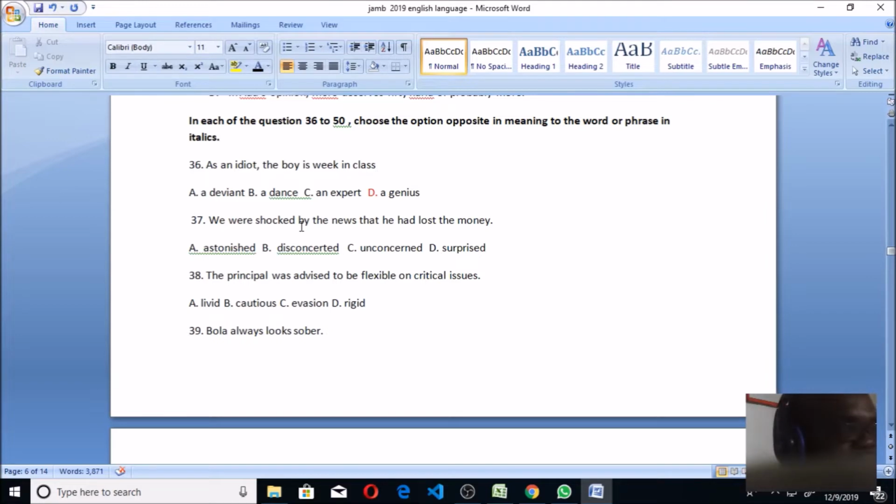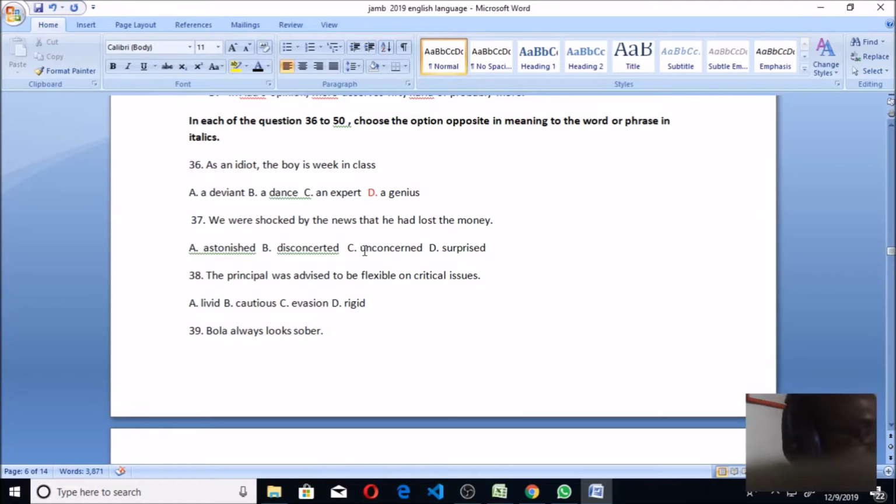Shocked is what we call upsetting or sudden. Astonished simply means surprised or impressed. So you can see that astonished is similar to shocked, but we are looking at the opposite. Disconcerted means to make someone feel anxious or uneasy or confused.